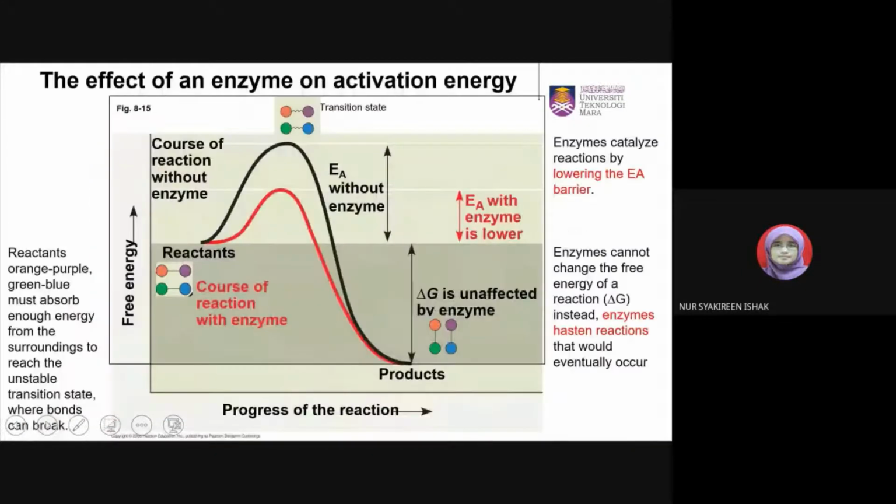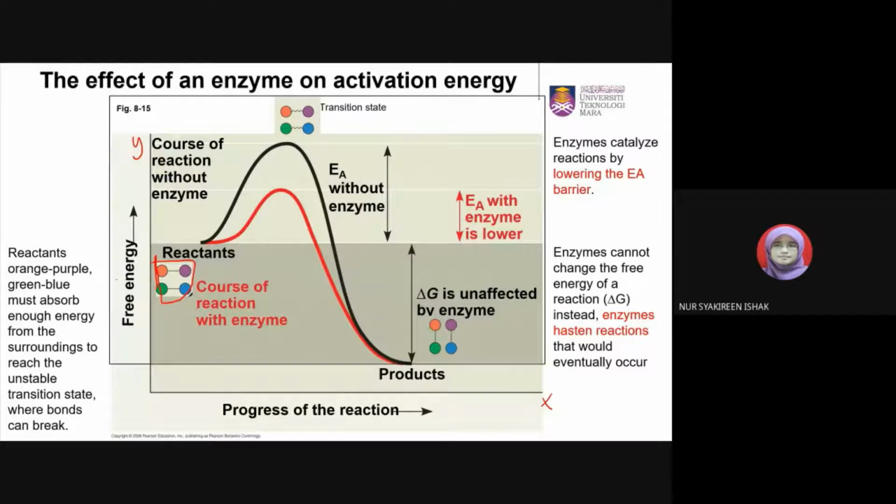Okay, so next, the effects of an enzyme on activation energy. Here you have a graph. You are really familiar with this graph, I guess. On the y-axis is the free energy, on the x-axis is the progress of reaction. Here you have the reactants.